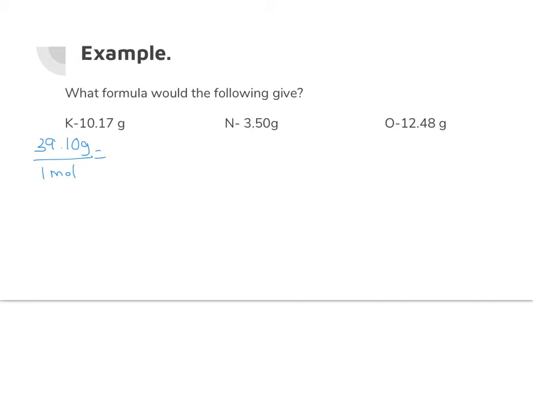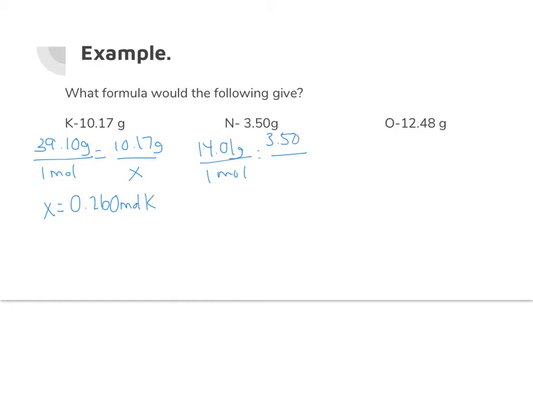We're going to set up a ratio now because we don't have 39.10 grams of potassium. We only have 10.17 grams. So we're going to solve for x to figure out how many moles that is. If I cross multiply and then divide, I end up with x equaling 0.260 moles of potassium. I'm going to do the same thing for the nitrogen. Nitrogen has a molar mass of 14.01 grams for 1 mole.